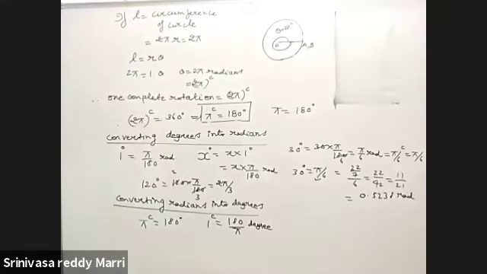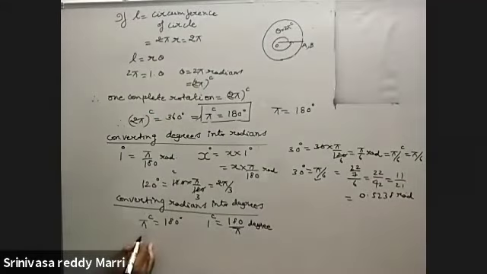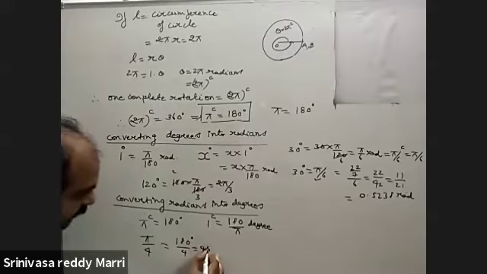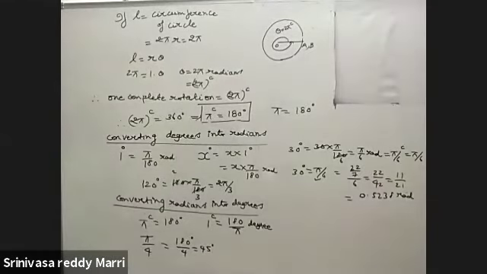Suppose pi by 4 is there. This angle is in radians. Whenever pi is there, just substitute 180 degree. 180 degree by 4, that is nothing but 45 degree.